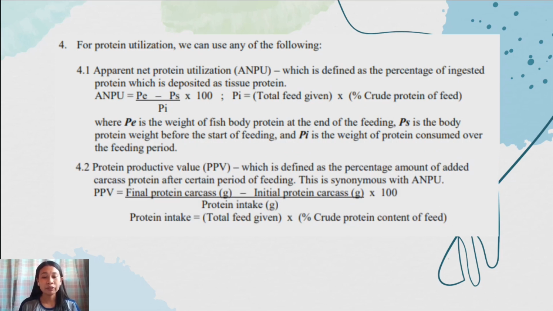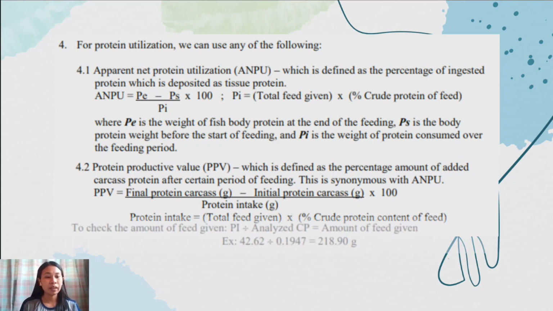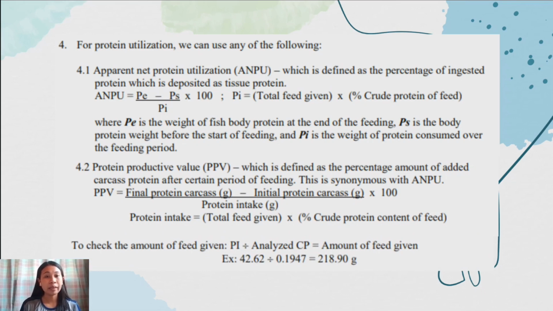For protein productive value, you can also use the PPV, which is defined as the percentage amount of added carcass protein after a certain period of feeding. This is synonymous with ANPU, or the apparent net protein utilization. So to check the amount of feed given, the PI, or the weight of protein consumed over the feeding period, is divided by the analyzed crude protein, which is equivalent to the amount of feed given.